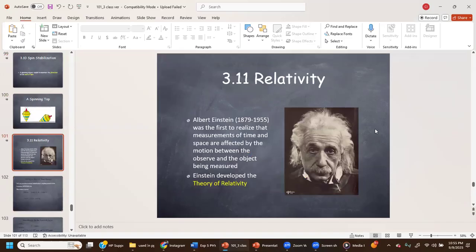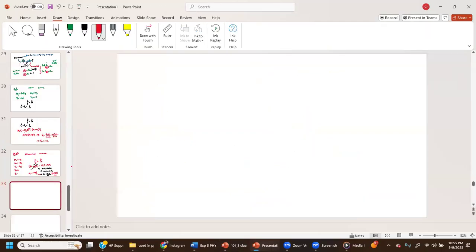Now, Albert Einstein, who died in 1955, so not a long time ago, was the first to realize that the measurements of time and space are affected by the motion between the observer and the object being measured, which led him to develop the theory of relativity. The theory of relativity's main equation is E equals mc squared.